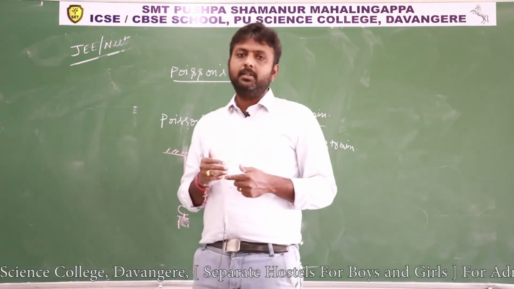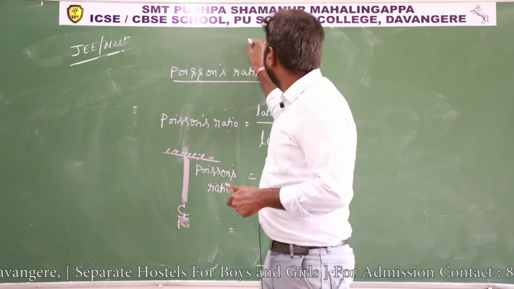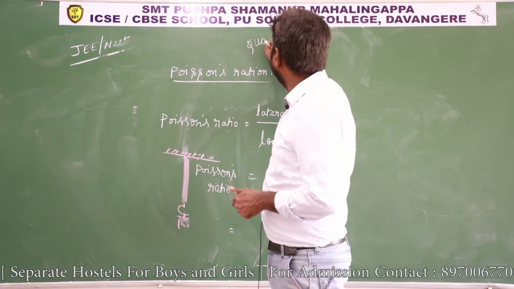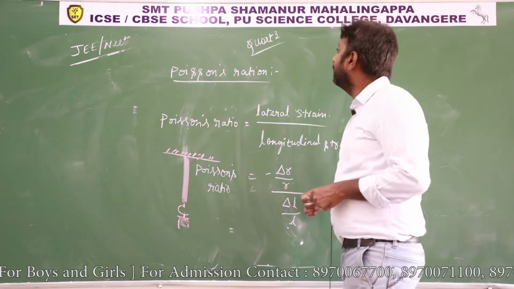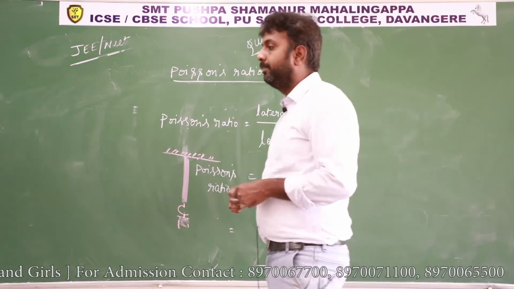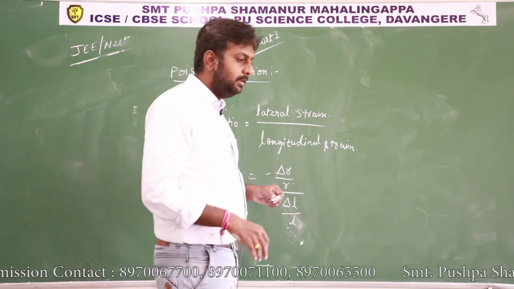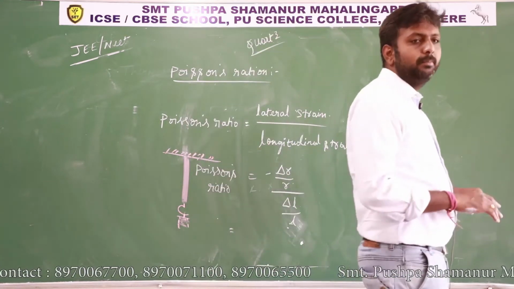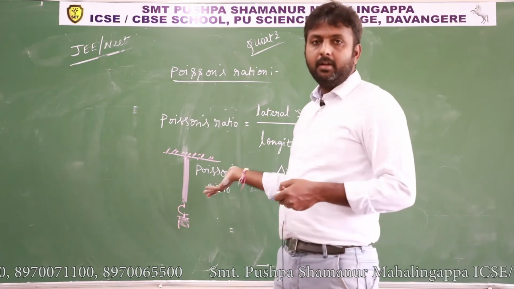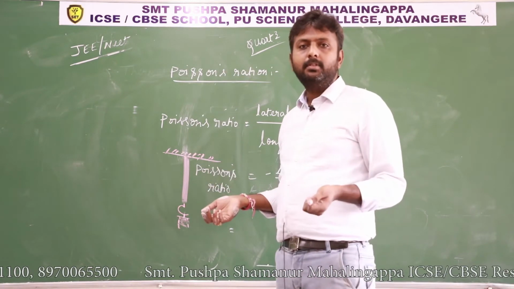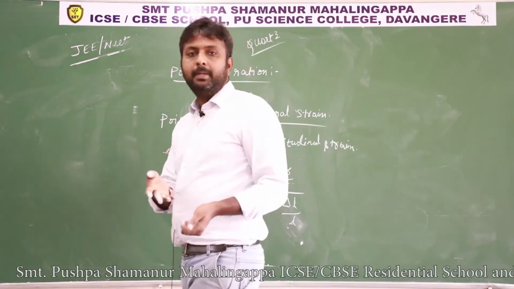For 1 mark they may ask which material is nearest to an elastic body: it is quartz. In nature we don't have perfectly elastic or perfectly plastic bodies. Next I will explain some problems which are useful for your PU exam.